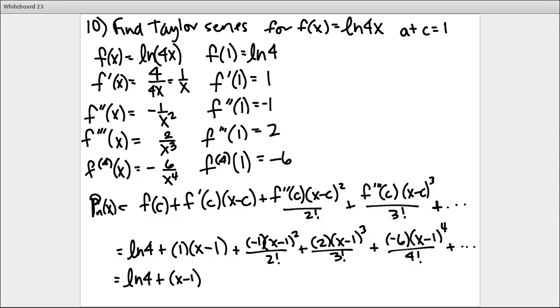All right, so I can simplify these. This is the natural log of 4, and then plus x minus 1, minus x minus 1 squared over 2, and then the 2 cancels with the 2 on the bottom, so x minus 1 cubed over 3, no longer a factorial, minus the 6 is the 3 factorial, so you end up with just 4, no more factorials, right?